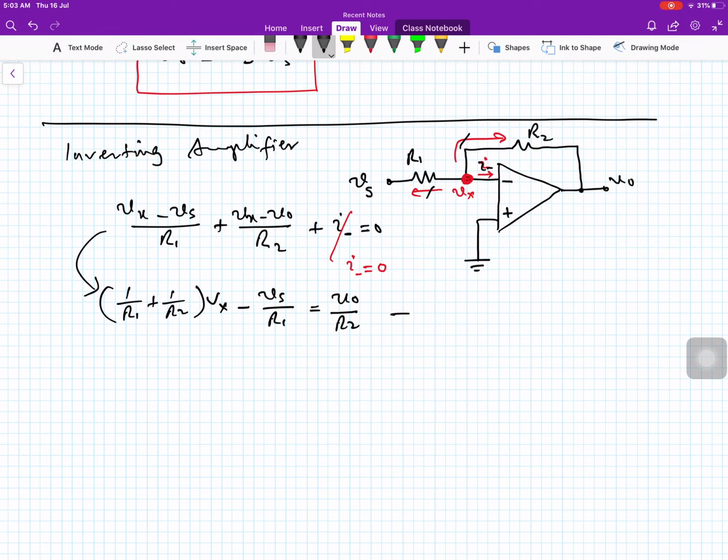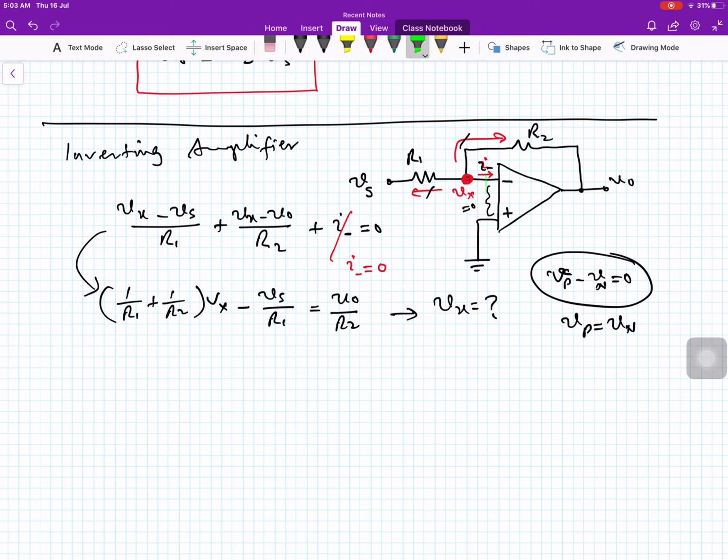Now what is Vx here? As we have seen, the voltage difference Vp minus Vn is equal to 0 in the model of an ideal operational amplifier. So it means that the voltage here and the voltage here are the same. These two inputs are at the same voltage level.